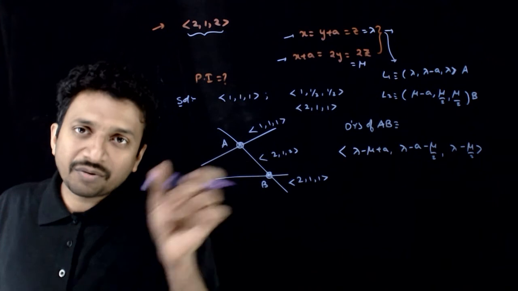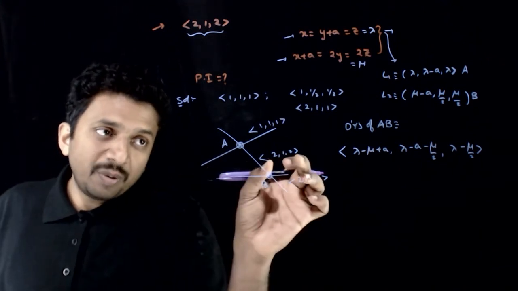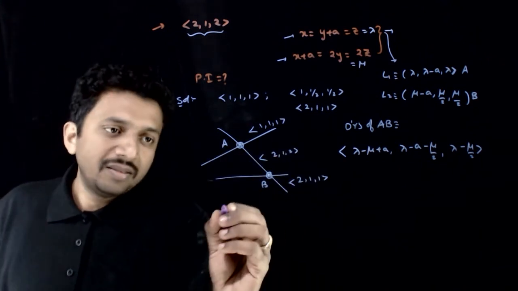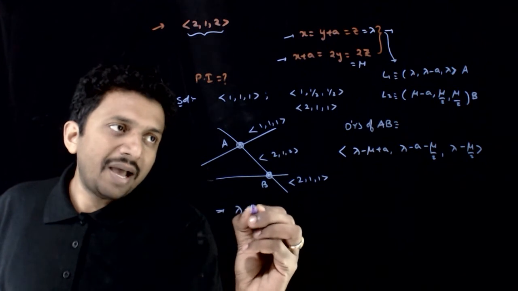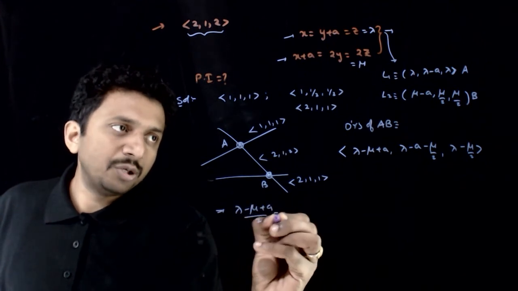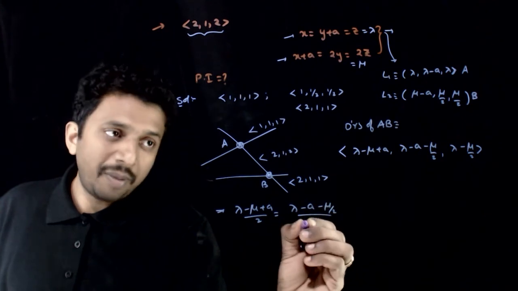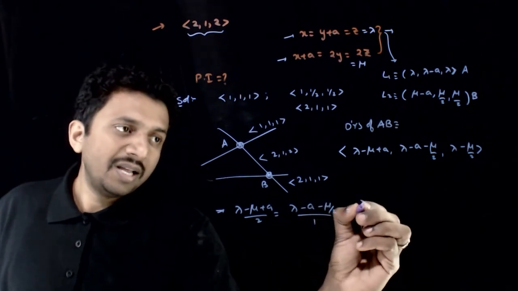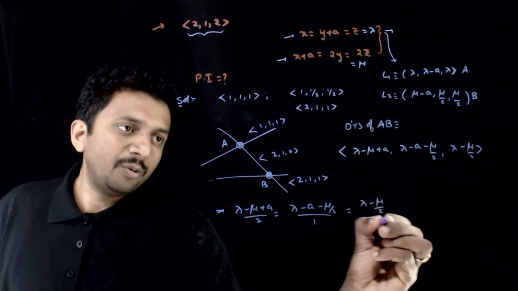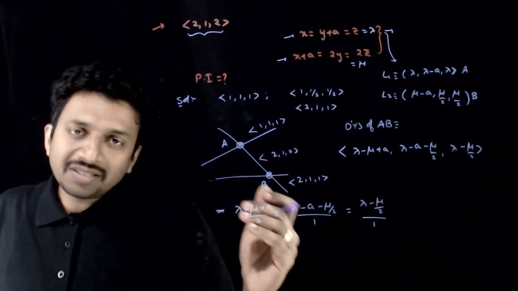So these are the DRs of AB. Now these DRs should be proportional to 2, 1, 2. This implies lambda minus mu plus a by 2 should be equal to lambda minus a minus mu by 2 by 1 is equal to lambda minus mu by 2 by 1. So this has to happen.